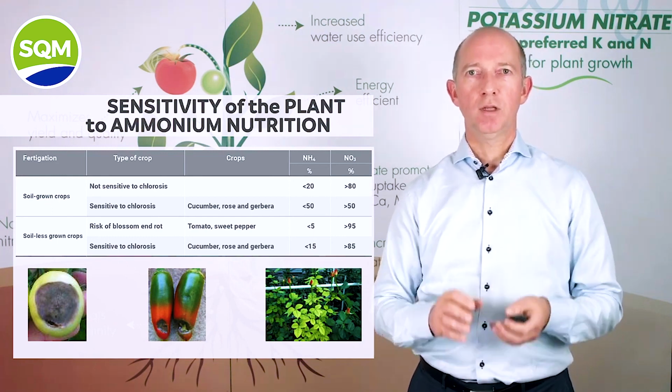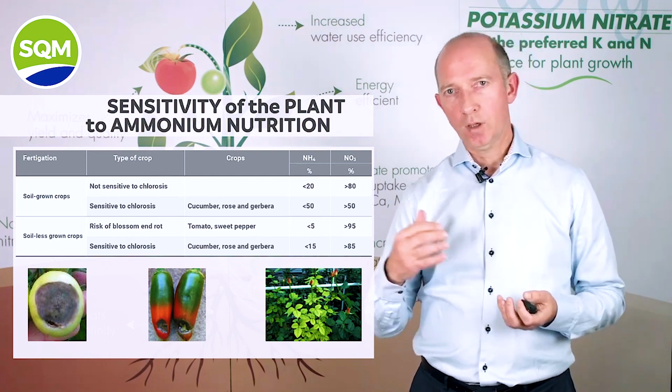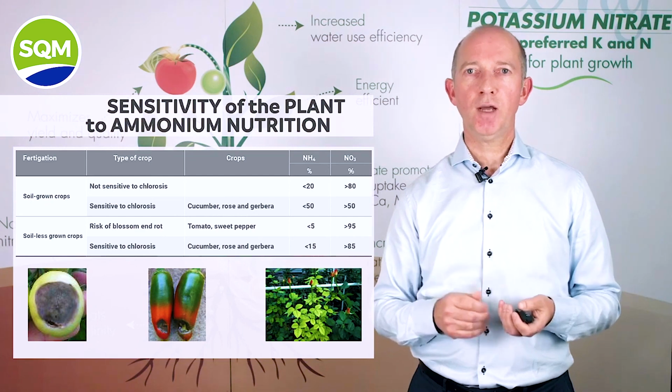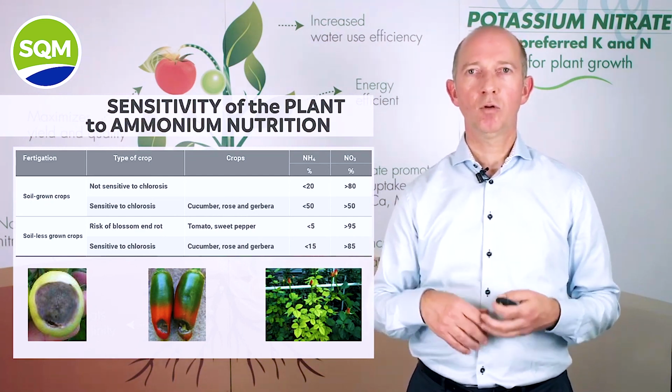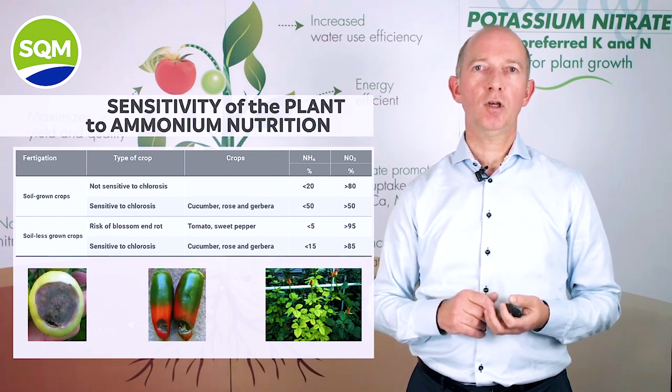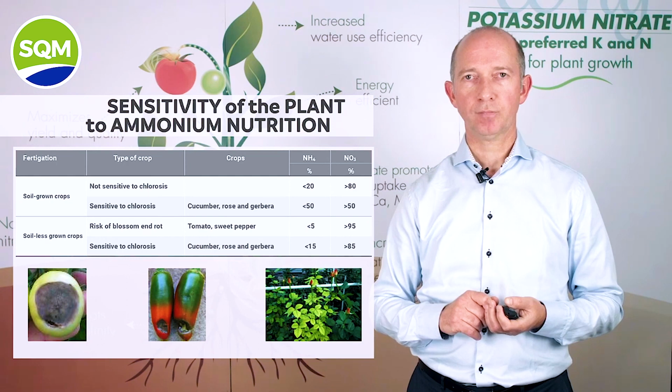Make sure that those crops that are sensitive to chlorosis apply either an acidifier or a higher contribution of ammonium to prevent micronutrient deficiency like iron or manganese deficiency.